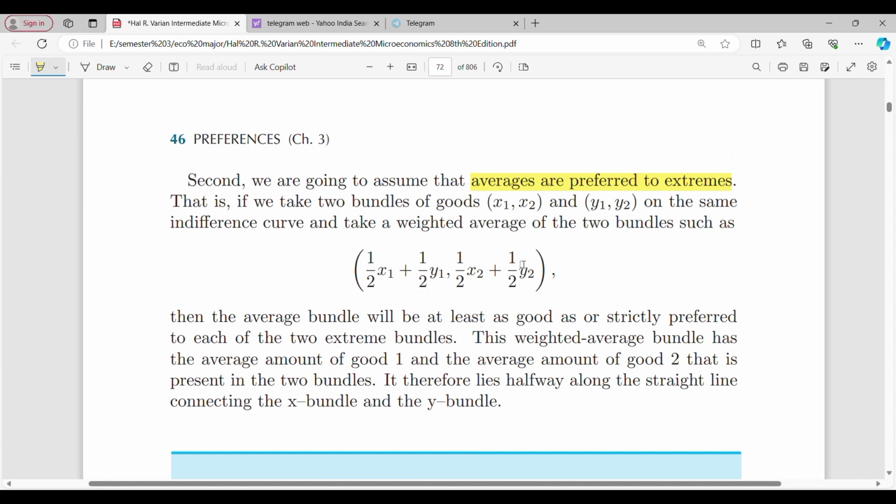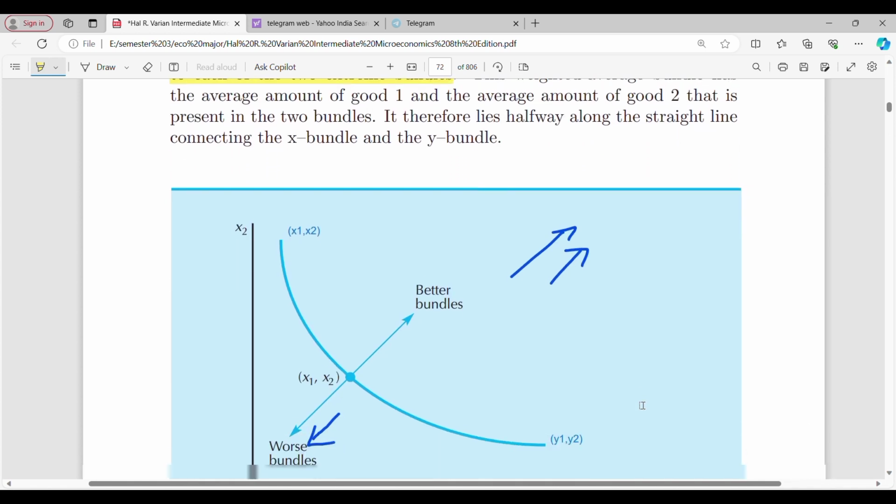And this will be at least as good, that is weakly preferred or strictly preferred, to the extreme bundles. The weighted average bundle has the average amount of good 1 and average amount of good 2 present in the two bundles. It therefore lies halfway along the straight line connecting the X bundle and the Y bundle.